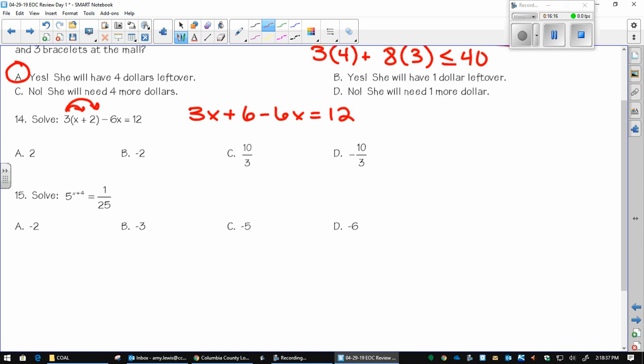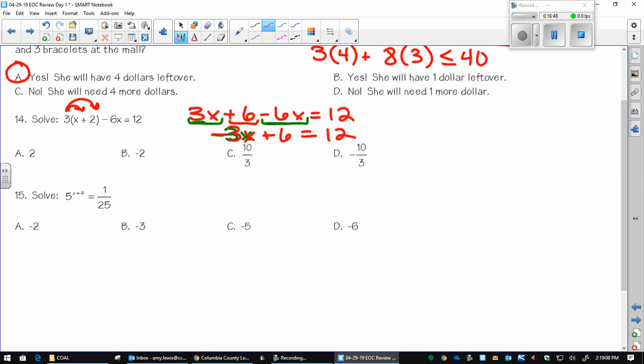Next thing, we need to combine like terms that are on the same side of the equal sign. And remember, when we combine like terms and they're on the same side of the equal sign, we're simply going to say 3 minus 6. 3 minus 6 is negative 3, so that gives us negative 3x, and then of course we have this plus 6 equals 12.